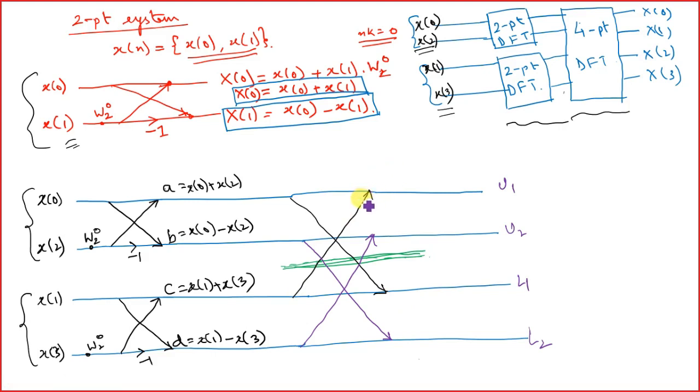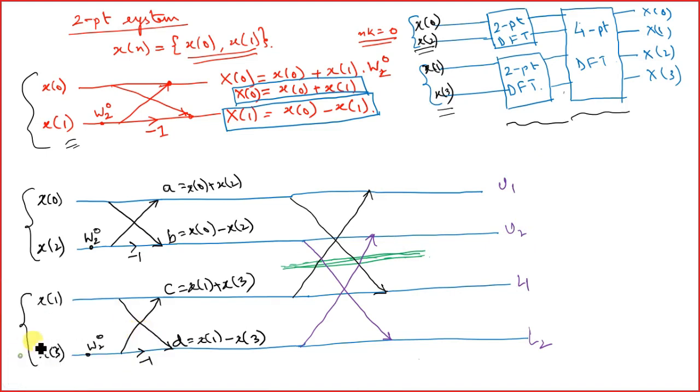Then from the upper point 2 I have to send a signal to the lower point 2, and consequently from the lower point 2 to the upper point 2. Am I clear till now? Yes, sir. This is critical. Many students make mistakes over here. So make this clear.